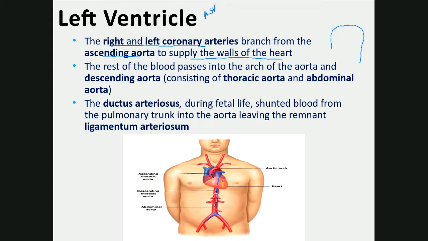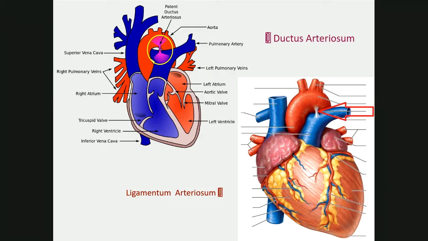So there's another fetal connection here. There's a little ligament here, which I'll show you in a minute. It's called the ligamentum arteriosum, which is a remnant of the ductus arteriosus. And I'll show you what that looks like, hopefully here. So here it is. This is the anterior portion of the heart, right? Because we can see the ascending aorta and the pulmonary trunk.